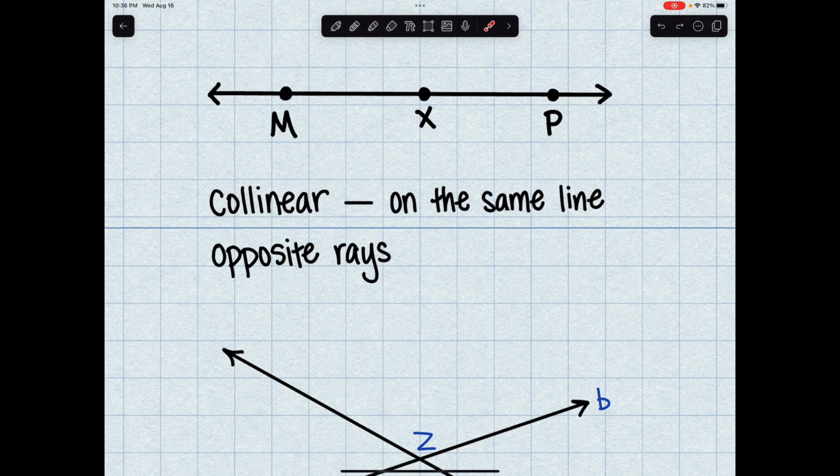So if we start with X and go to XM, this ray and ray XP are opposite rays, but they're collinear with this line. So you can say ray XM and ray XP are collinear with the line MX. That makes sense.